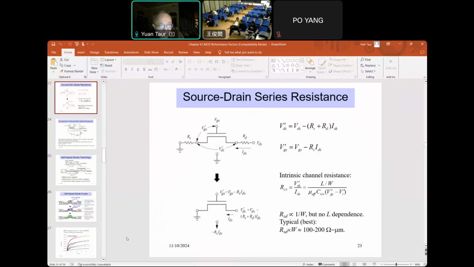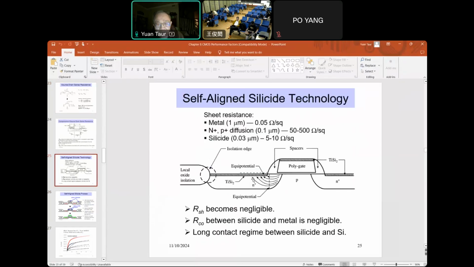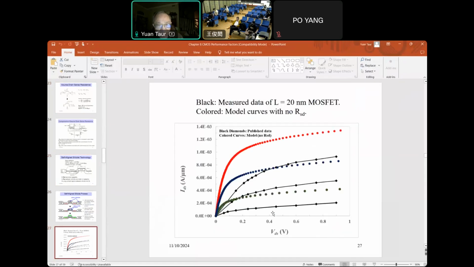That's the best we can do because the source drain doping limit is about 10 or 20, and it cannot be much higher than that. That's the solubility limit. Even with silicide, without silicide, it's much worse than the number I just used. So this is all with self-aligned silicide.